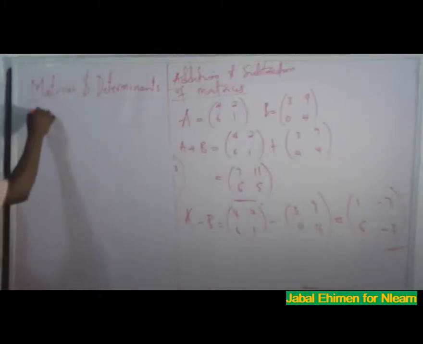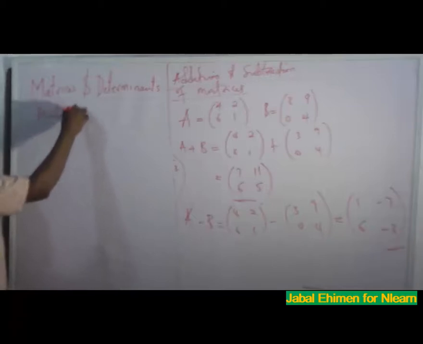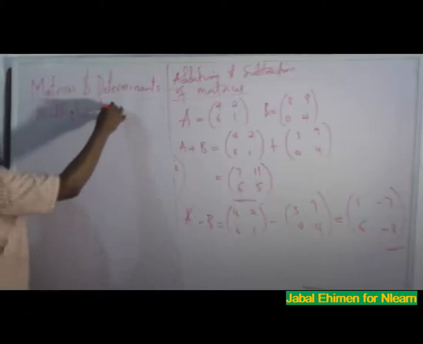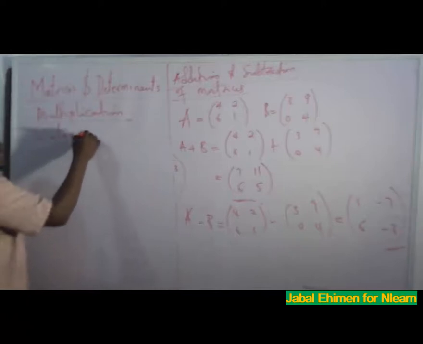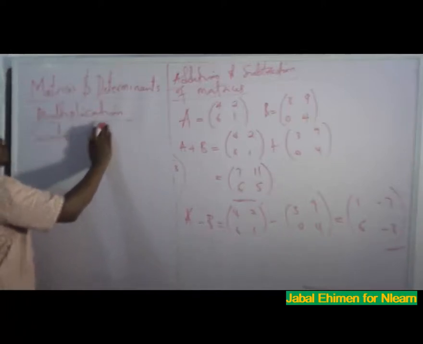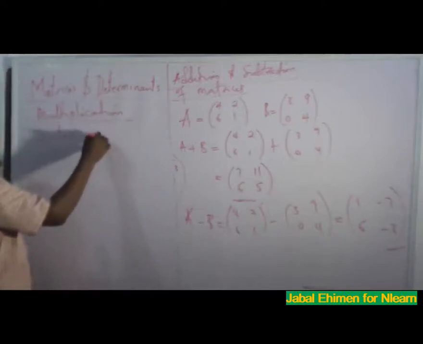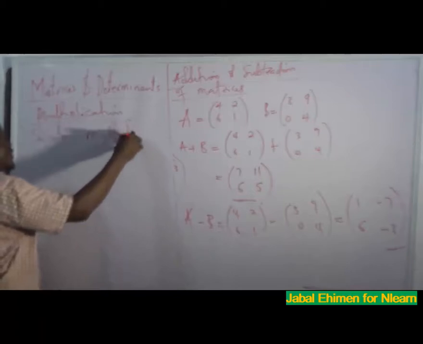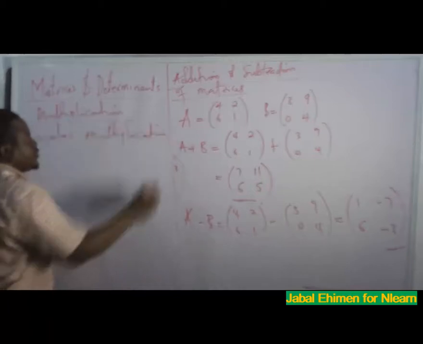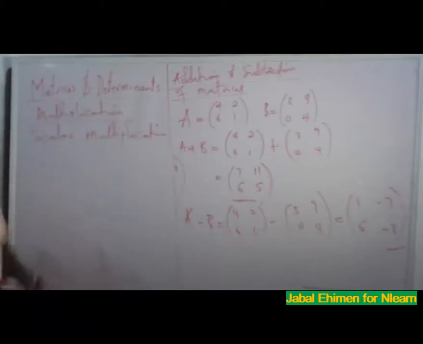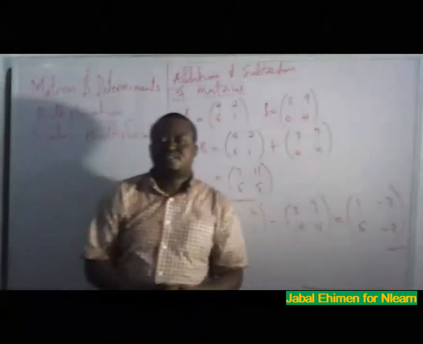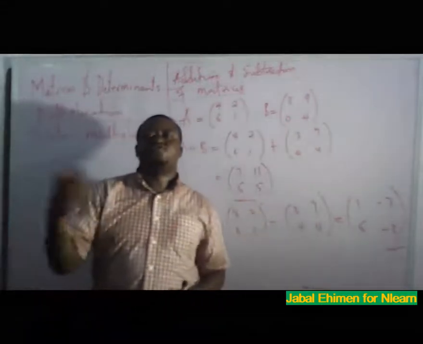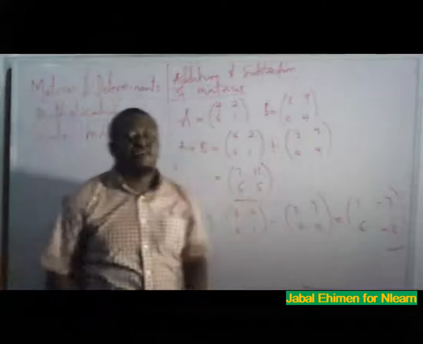Before I start the multiplication, I'll talk about scalar multiplication. We'll talk about scalar multiplication first. What's a scalar? Mathematically, a scalar means a value that you can use to multiply other values.